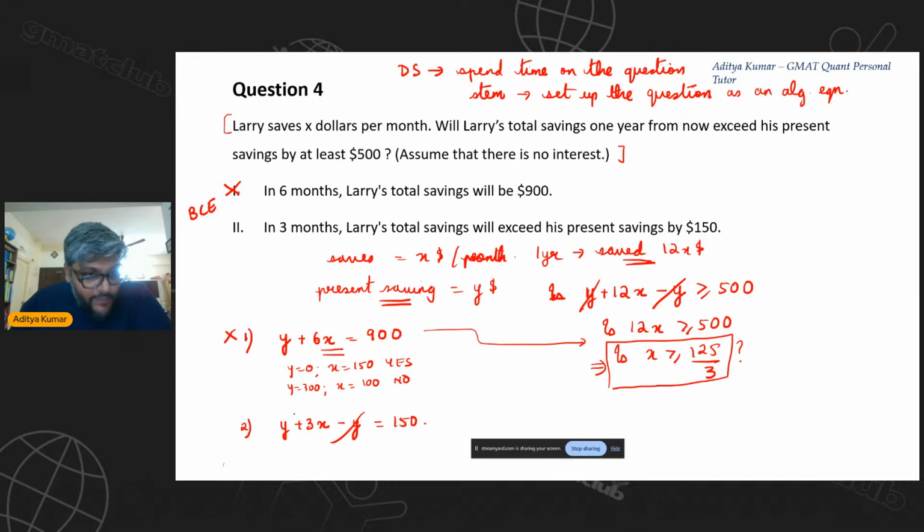So the Y cancels. I get 3X is equal to 150, right? I get X is equal to 50, right? And that's going to answer my question with a definite no. X is equal to 50 is not going to be greater than or equal to 125 by 3. That would give me sufficient, B.